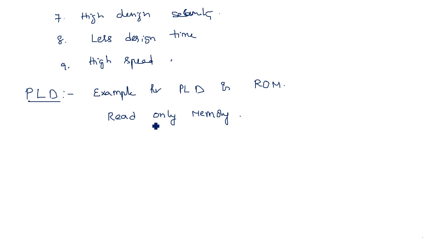It is not reprogrammable. A lot of devices are there; some may be reprogrammed, some may not. ROM alone is not reprogrammable, but in ROM we have different types of ROMs which can be reprogrammed. I will tell about the ROM and types of ROMs in the next video.